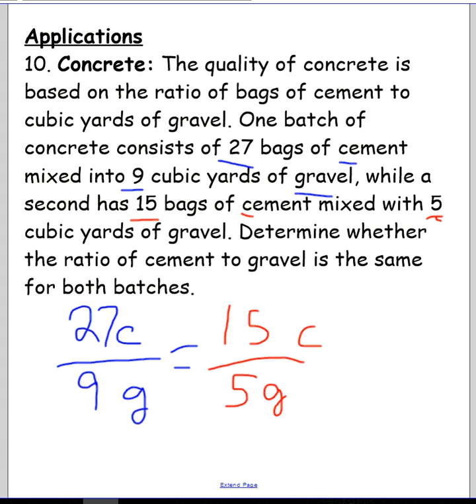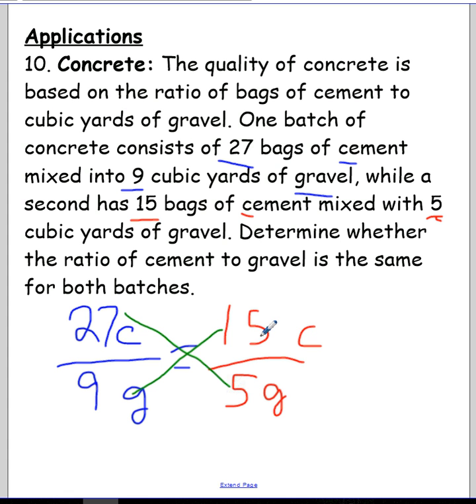And so now we need to see if that is true or not. So again, if this is a true statement, then their cross products will be the same amount. And so let's take a look at that. Is 15 times 9 the same as 27 times 5?